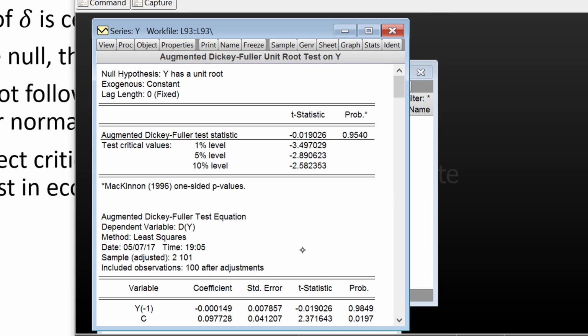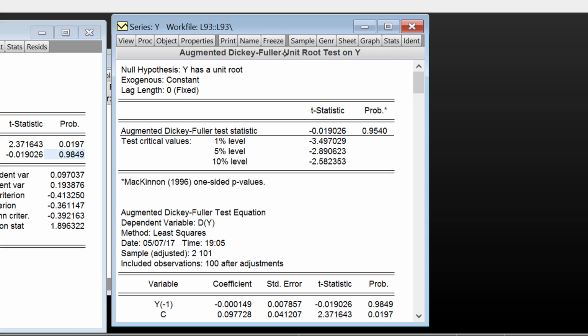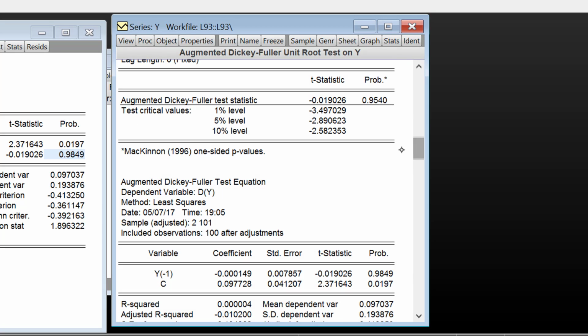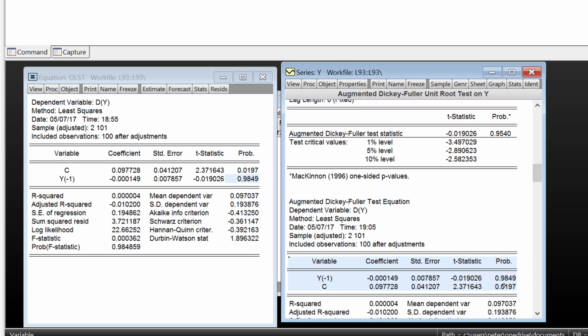Click OK. So here is my augmented Dickey-Fuller unit root test for Y. First, you can see that right down here, it has done the same regression that we did over here using OLS. So that information is available. But again, this p-value is not correct.